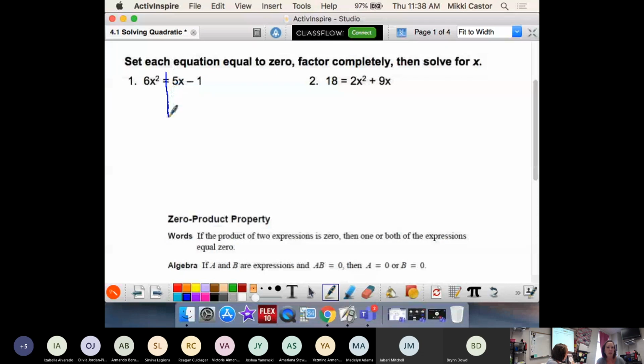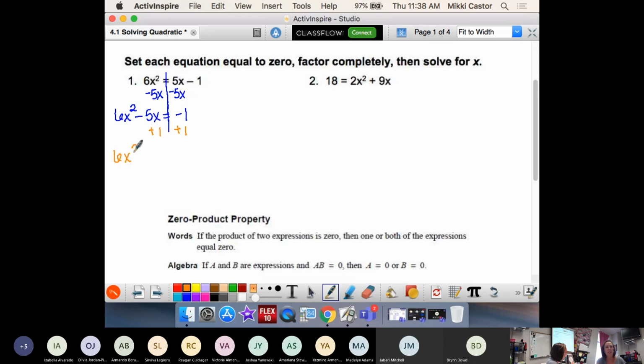All right, so here's my equation. In order to move this 5x over here, we would want to subtract 5x. So now I have 6x squared minus 5x is equal to -1. I also need to move that -1 over, so we're going to say +1 and +1.